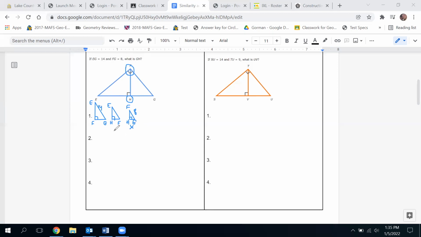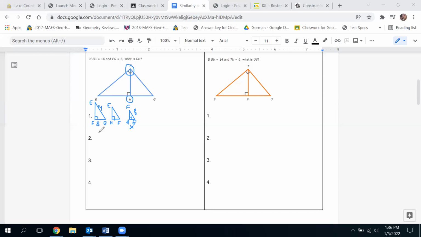And let's see if there's another GH somewhere. I'm not seeing another GH unless I've missed it. So the smallest side. Okay, so FG, there's a second FG right here. And it is 8. I forgot that one a moment ago.